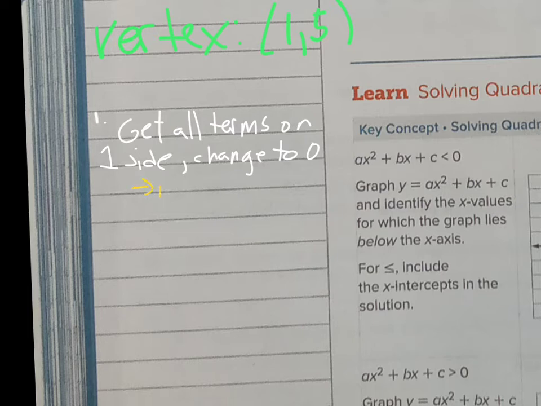If a is negative, multiply every term by -1. Remember, that means you have to flip the inequality sign.